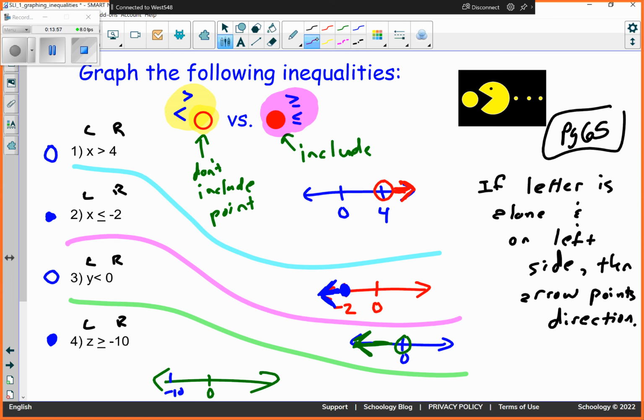Do I have an open or closed dot? And am I going to shade it to the right or to the left? And how do you know it's to the right? You're absolutely correct. The arrow is pointing that way. I have my letter, my variable, on the left side, so this is pointing the direction we're going to go. Okay?